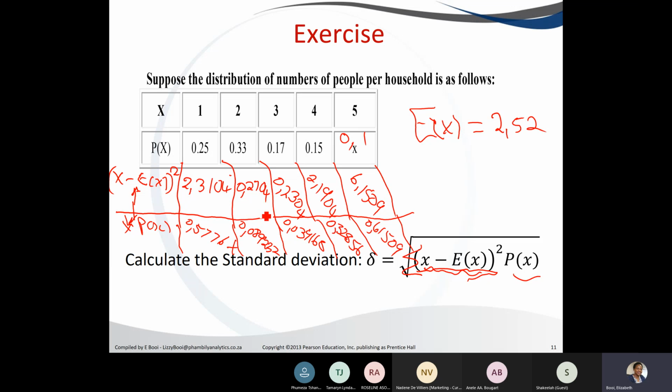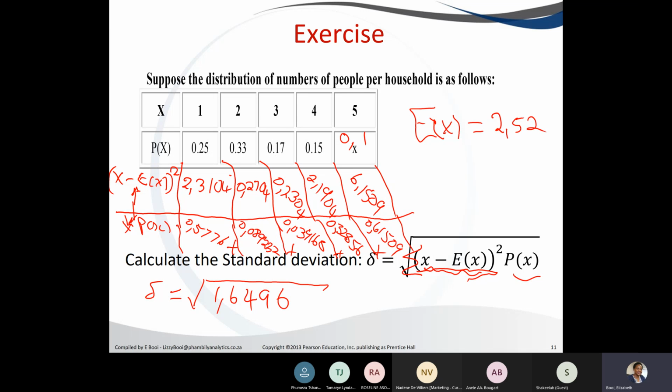We're going to add all of them together, and that will give us 1.6496. That will be the answer that we get when we add all of the values.